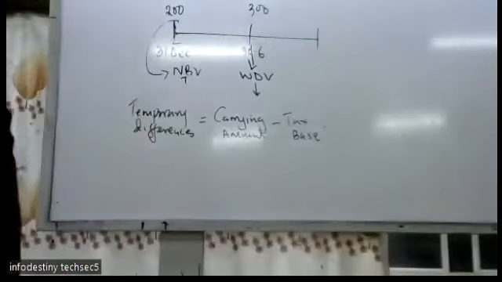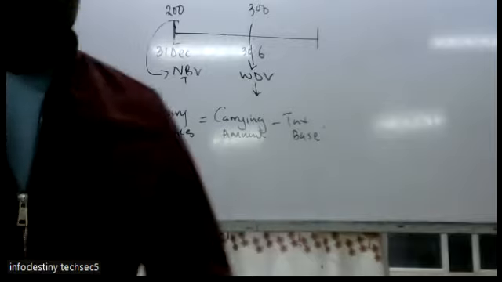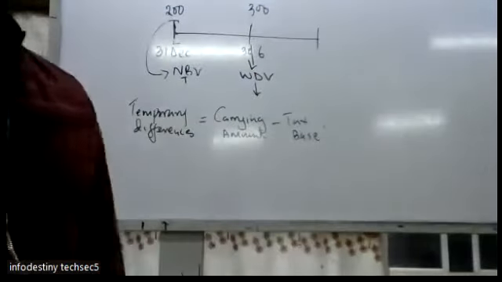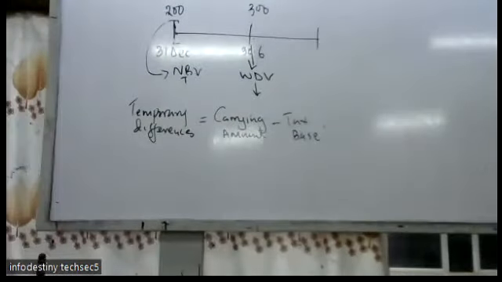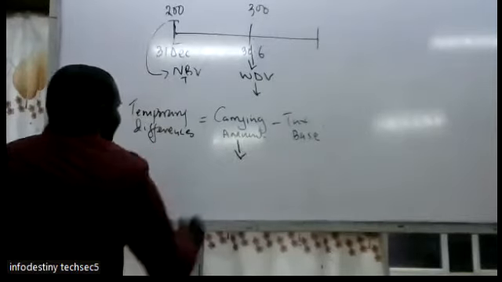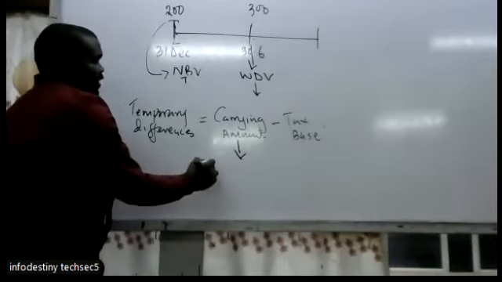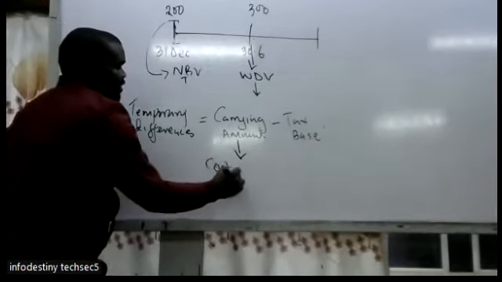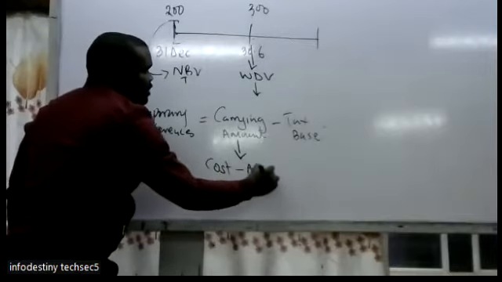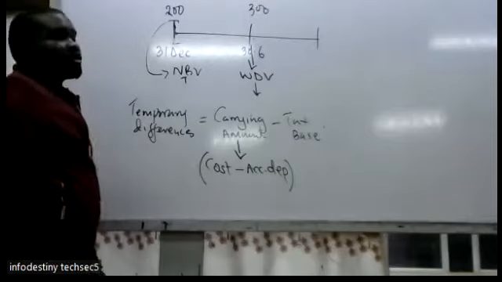So down there, you say carrying amount. We cannot just waste time like that. We must be very smart. Carrying amount is the difference between the cost of an asset and its accumulated what? Depreciation.